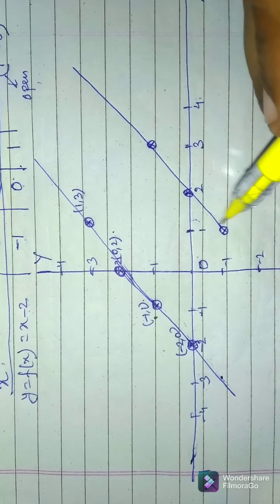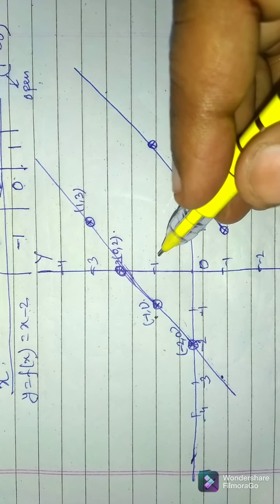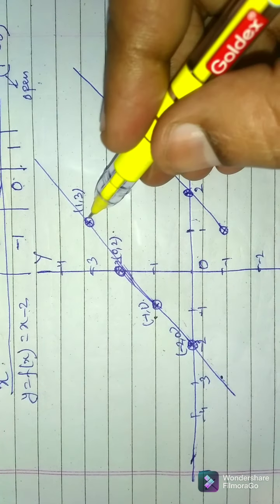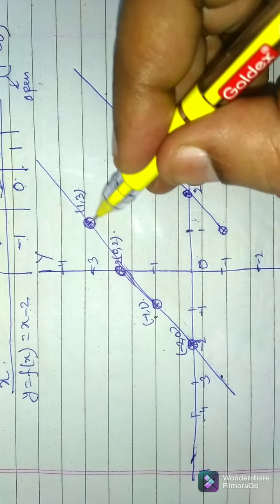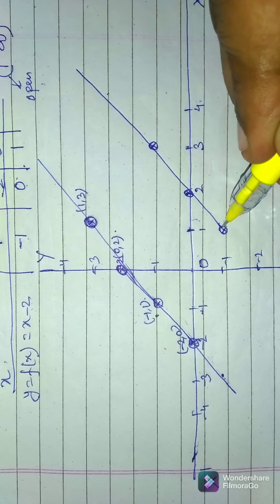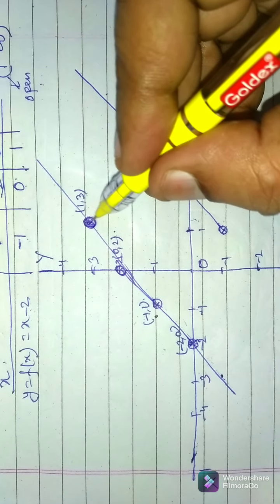Without lifting the pen, we cannot draw both the graphs, because when x is equal to 1, y is 3. So this point, and here when x is equal to 1, y is what? -1.